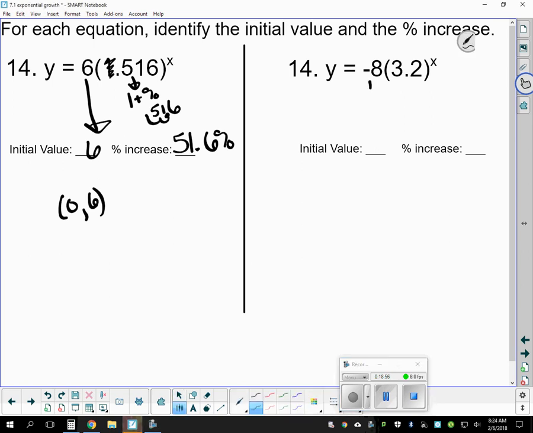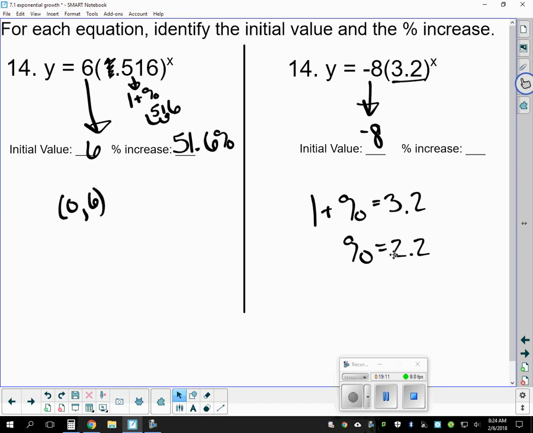Okay, so initial value, it's in y equals a times b to the x, is -8. Your percent increase, so 1 plus your percent is 3.2. So that means your percent by itself is 2.2. But again, that's already been converted to a decimal. So you need to get it back into percent form, so you're moving it to the right.